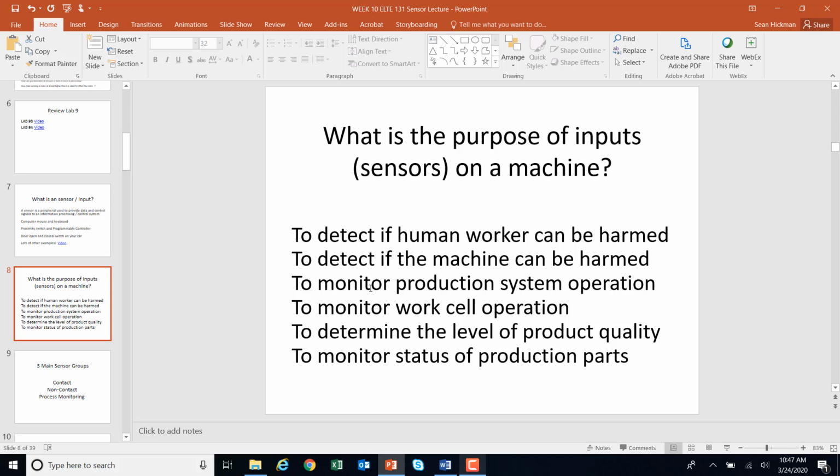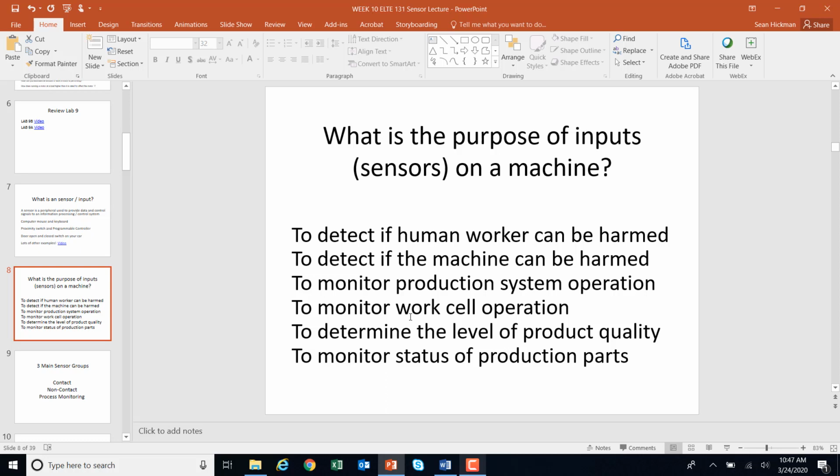To monitor production system operation. Well, this could be a lot of things. You might have proximity switches on the production system to be sure that parts are rolling down the chute like they're supposed to, or photo cells or whatever. So there's going to be a lot of different sensors to be sure that this production system is operating like it should. To monitor an individual work cell operation.